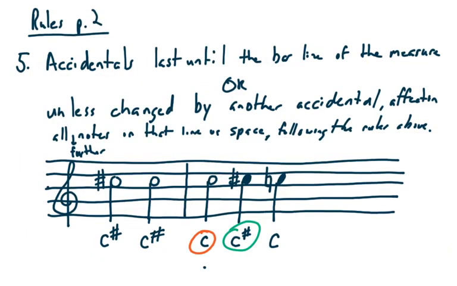So, now I'm going to really blow your brain. Okay? Start here, and this is C. For giggles, we're going to make this C. Now, it has a natural sign after it, but technically, isn't this natural already?